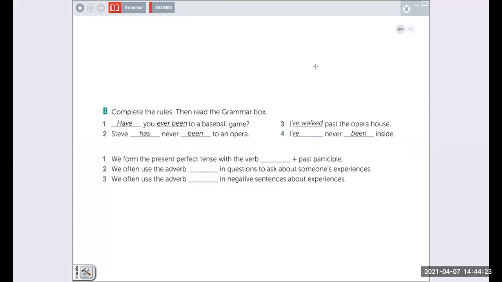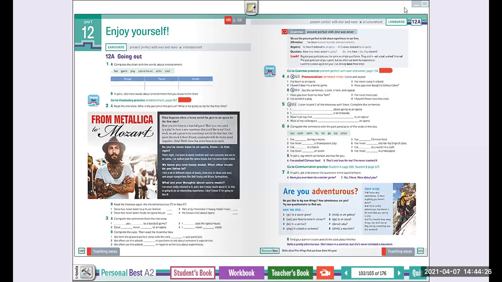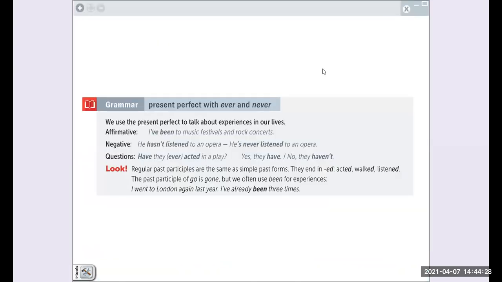Okay, let's go to the exercises that you have here. It says, we use the present perfect to talk about experiences in our lives. As you can see here, we have the affirmative, negative, and question. I have been, or I've, también se puede contraer el auxiliar, y podemos decir I've been to musical festivals and rock concerts.